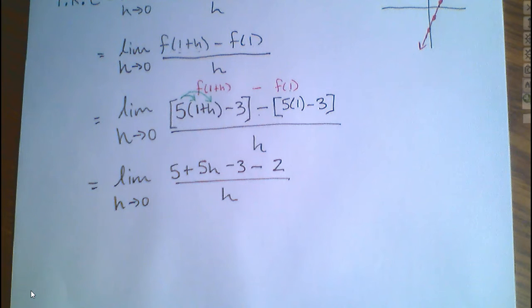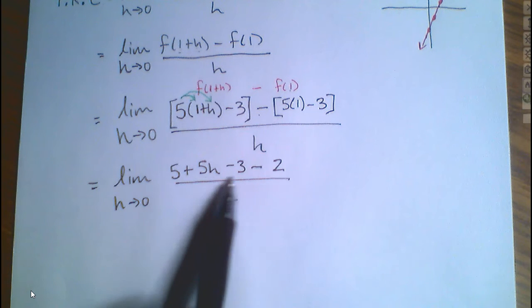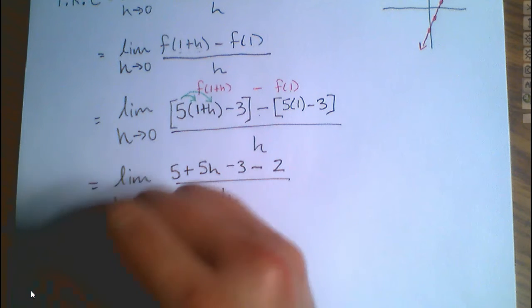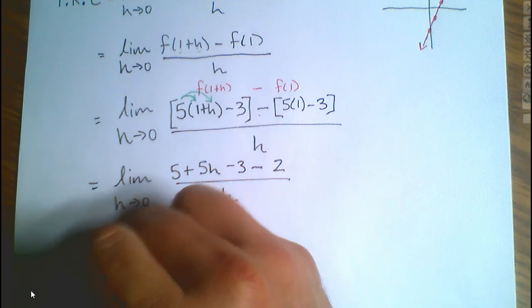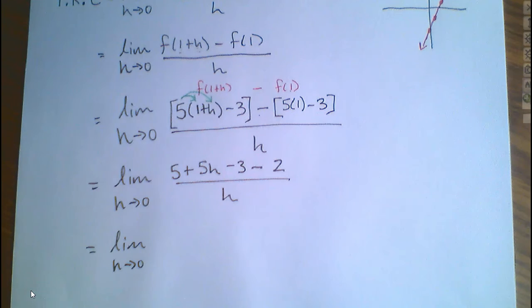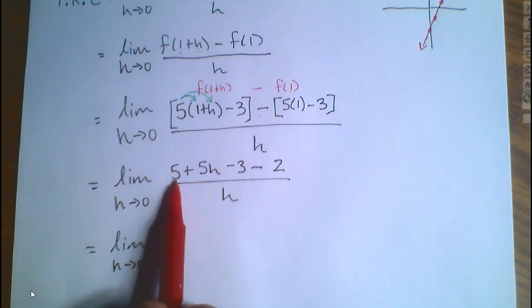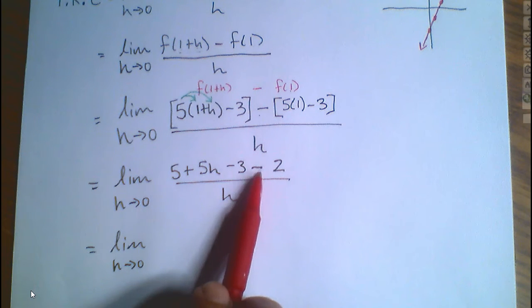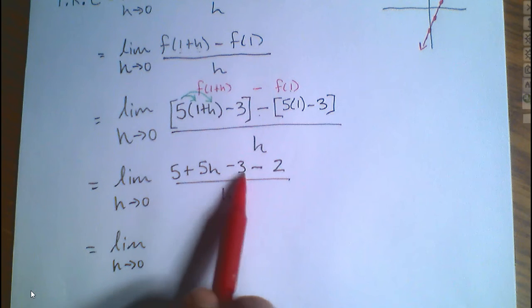Okay? So now that we've expanded that, we're going to try to cancel some stuff out up here. Hopefully it'll be nice to us. So we'll have the limit, h goes to 0 of, now let's see what cancels. Well, we have like terms up here, 5, -3, and -2, right? So let's do that subtraction from left to right.